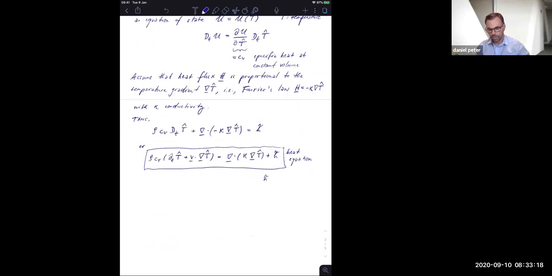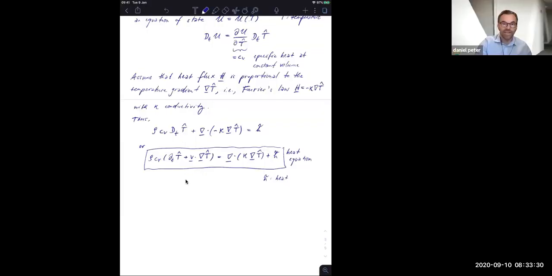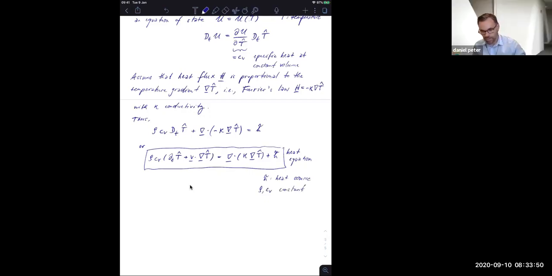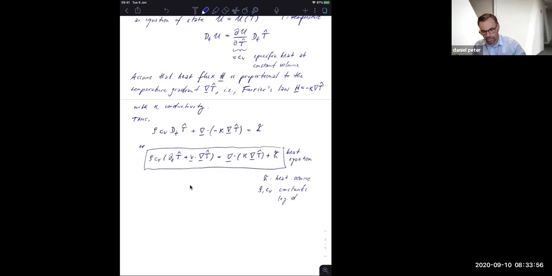So think of H as being a heat source. Density and specific heat you can think of as being material constants. If you also want, for example, for an ideal gas, etc. Well, let's just keep it that way.